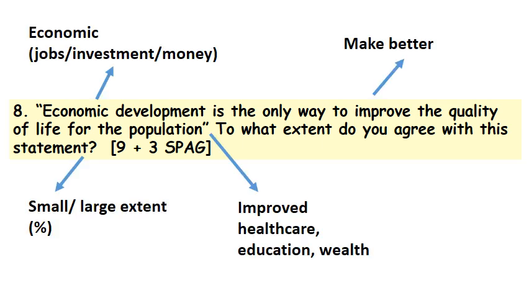So for example, we need to be discussing the economic development, so this involves jobs, investment and money. There needs to be some kind of improvement, so how is this making it better? You need to say if you agree with this to a small or large extent, remember to try and include a percentage. And finally, how has it improved healthcare, education and wealth? At this point, pause and add any annotations to your question in green pen.